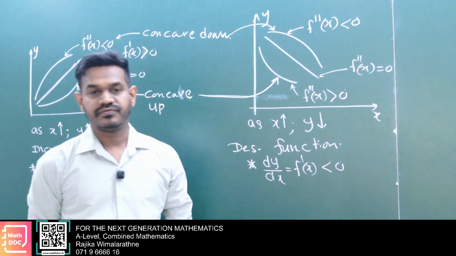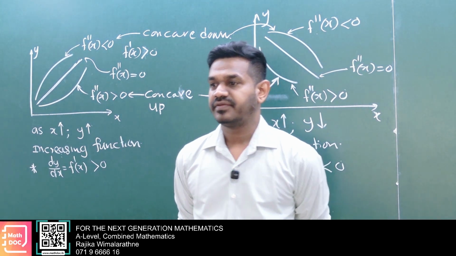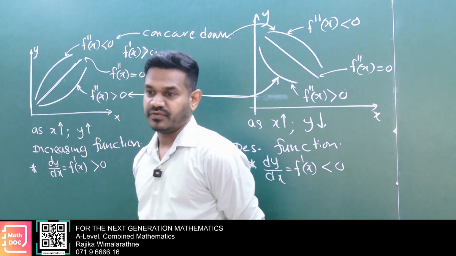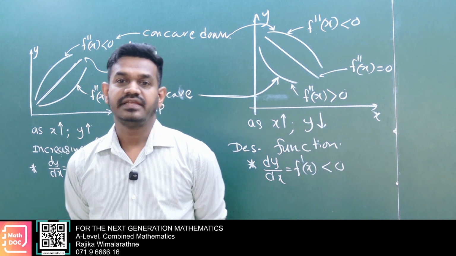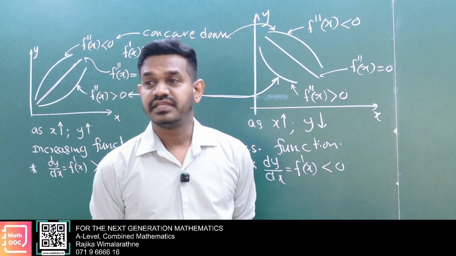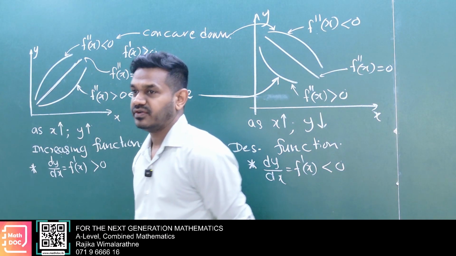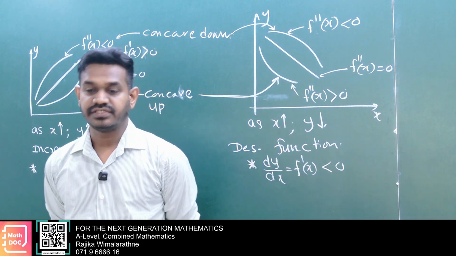First star mark: when dy by dx equals 0, the function is a constant function.